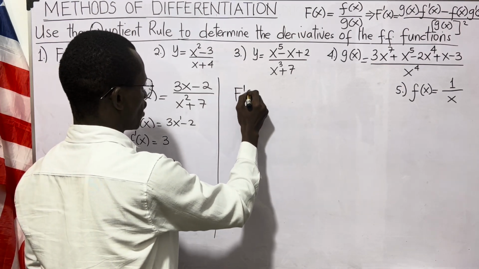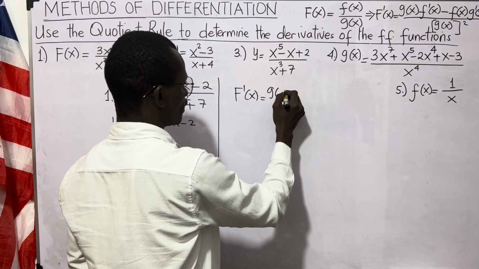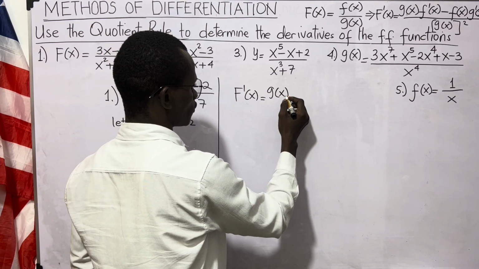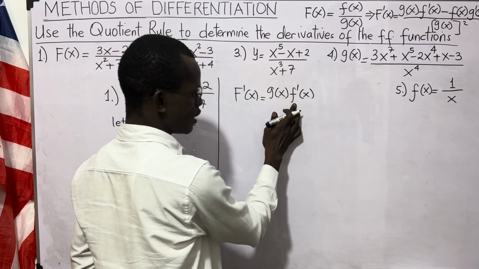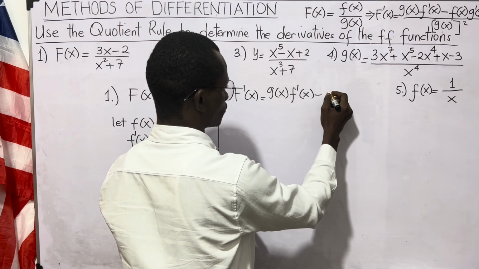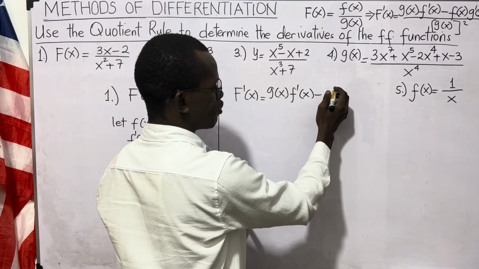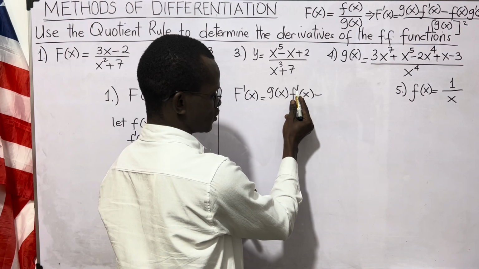We know that the derivative gives us g of x times f prime of x, minus. So even if you forgot the formula, you know that you have already differentiated f first.